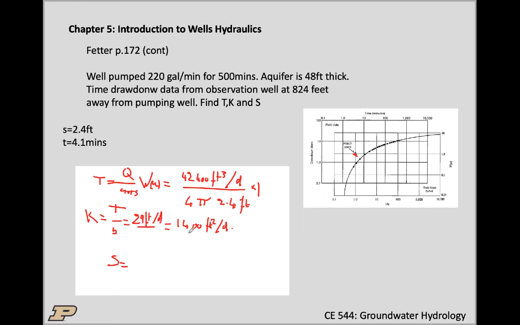Okay, so here, and then finally S equals 4 T t u over r squared, and now you see how everything lines up and appears. So we know T, 1,400, we know little t, 4.1 minutes, we'll have to convert that again, so 4.1 divided by 60 times 24 minutes per day, and that gives you 2.9 E minus 3 days.